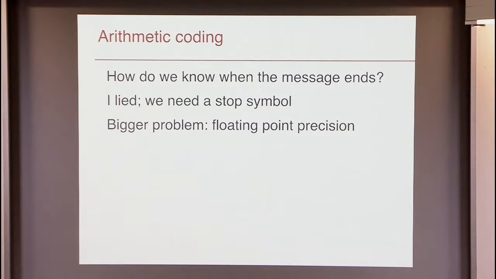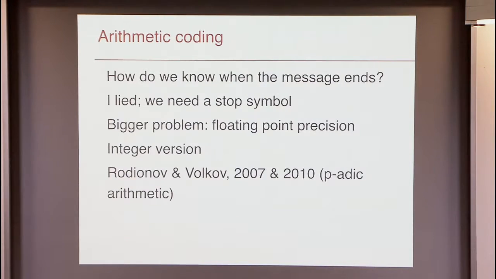So there is an integer version of this which has some magic rules, is a little unsatisfying, but it's been used for years. More recently, Rodionov and Volkov came out with a treatment using p-adic arithmetic, which is really cool. I'm not going to get into it here, but it basically solves this sort of unsatisfying problem.